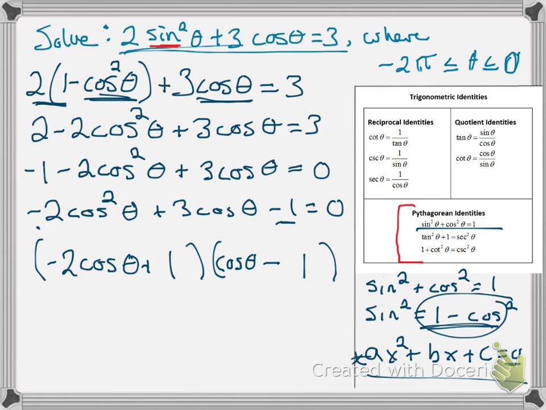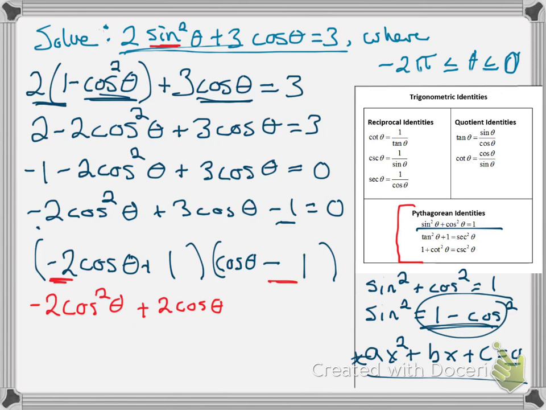So negative 2 cosine theta times cosine theta, we got negative 2 cosine squared theta. Now this is where I was talking about the signs. So negative 2 times the negative 1 is where that positive comes in. So positive 2 cosine theta. If this wasn't a negative here, and this term ended up being positive, there was no way that we could get back to be a positive 3, right?